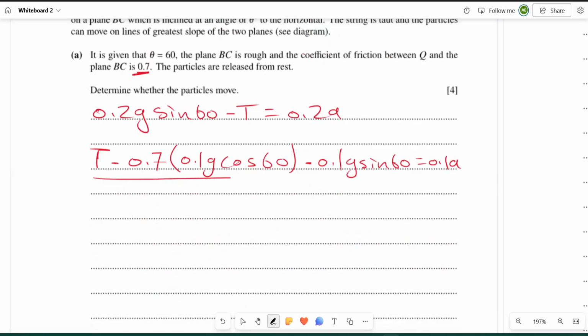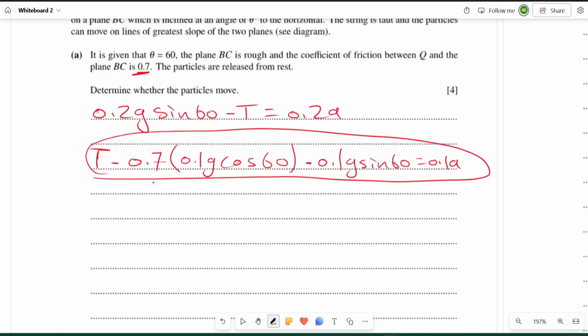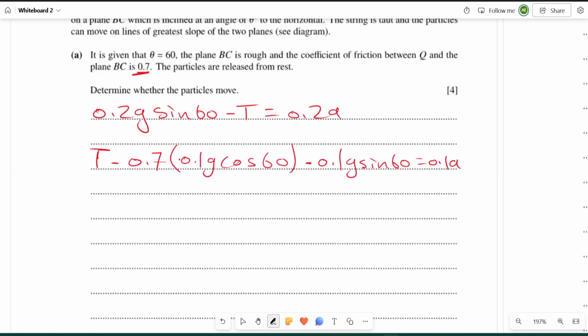What I can do is simplify this equation a little bit. Or actually, what I'm going to do is from this first equation, I'm going to get an expression for T. I'm going to move T here, and this I'm going to move over there. So I'm going to have T equal 0.2 g sine 60 minus 0.2a.